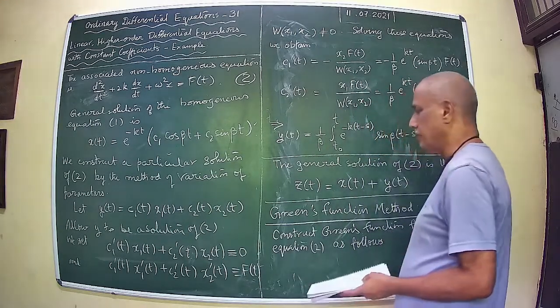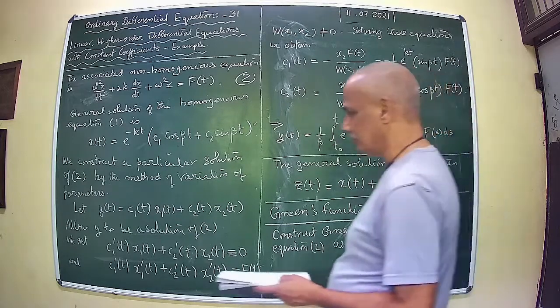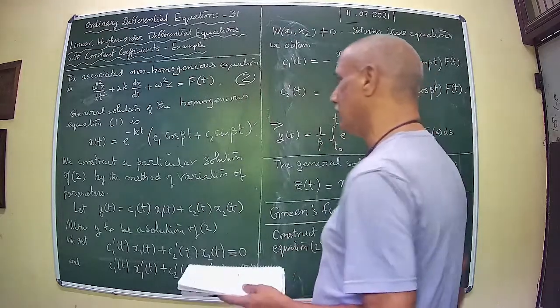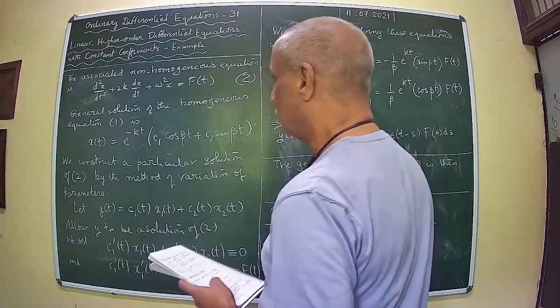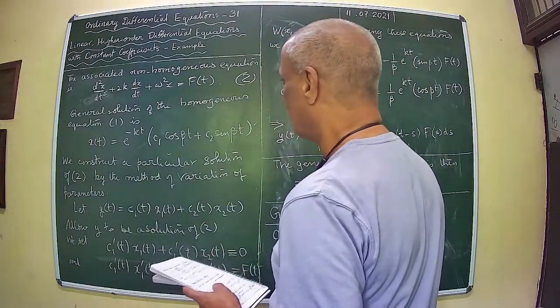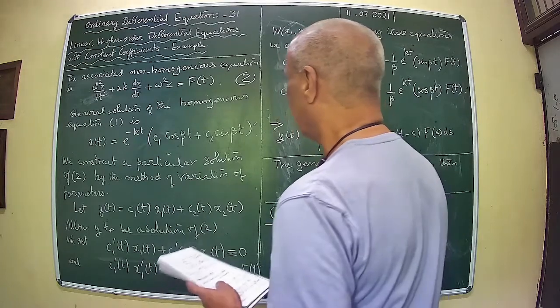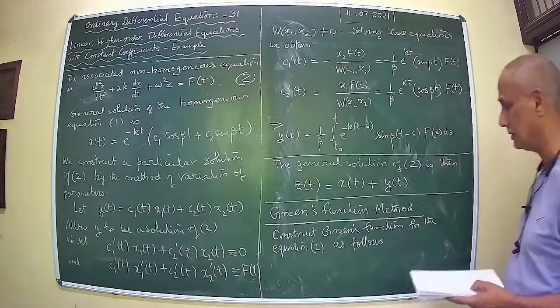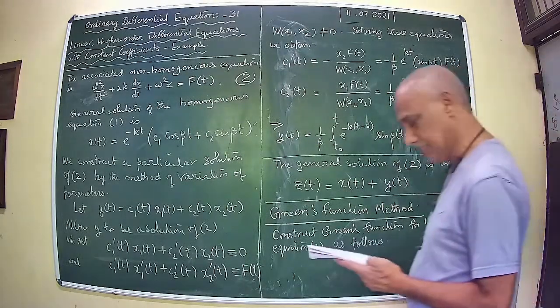Strictly speaking, you are inventing the inverse machine. This is a forward machine and you are inventing a backward machine, so that if you know x, then you can calculate f, and once f is given, you want to calculate the corresponding x. So you are actually inverting this. And this I have explained.